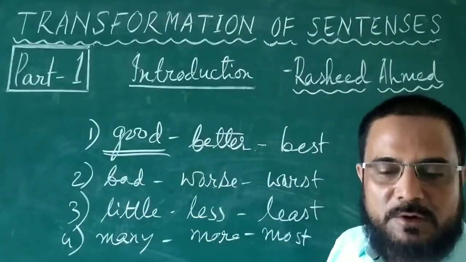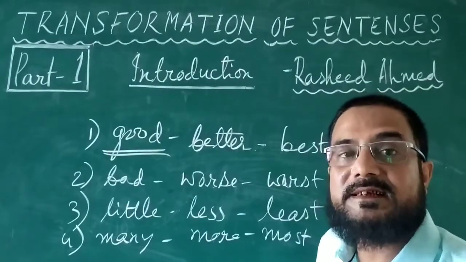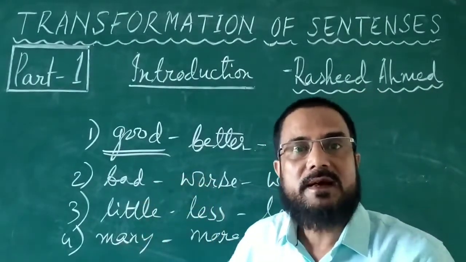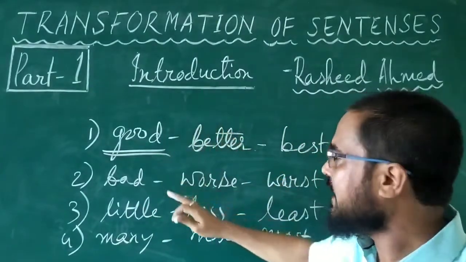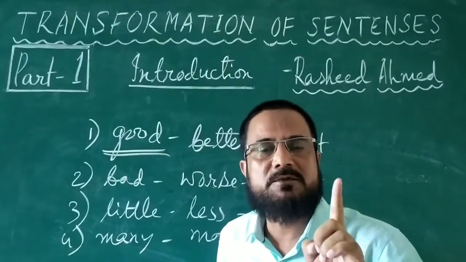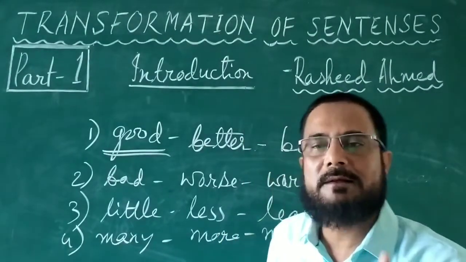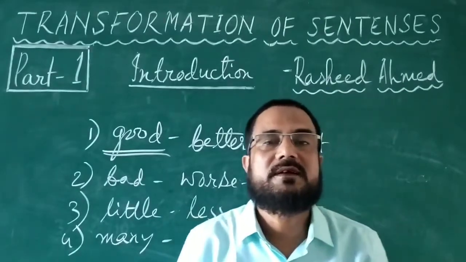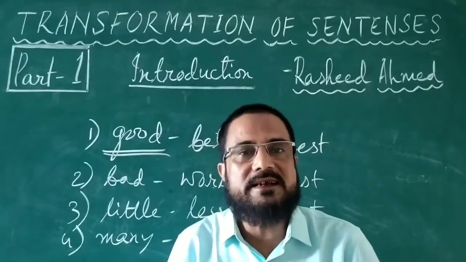So we have seen that so far as the adjective is concerned, we have not yet started changing the sentences. This we will do in the next video. In this video, this is an introduction only. Here we are learning that when we change the adjective from positive to comparative and superlative, there are three ways. For the monosyllabic words, we use er and est.